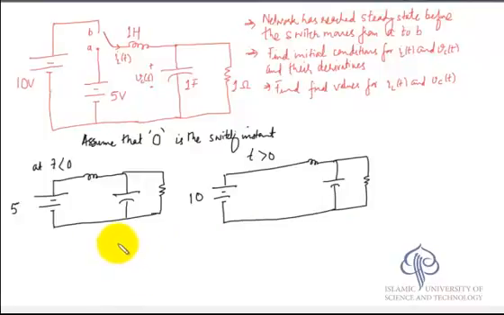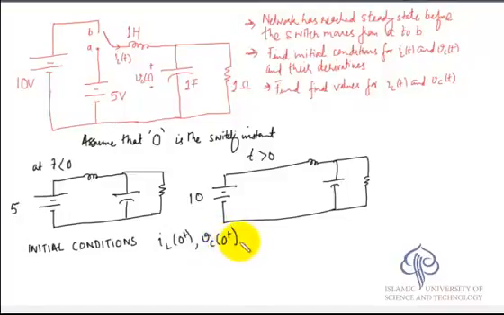And what we are asked to find is initial conditions for IL(t) and VC(t). Please remember that the initial conditions mean the conditions just after switching always. So initial conditions that we need to find are for IL. What is IL at 0 plus? What is VC at 0 plus?